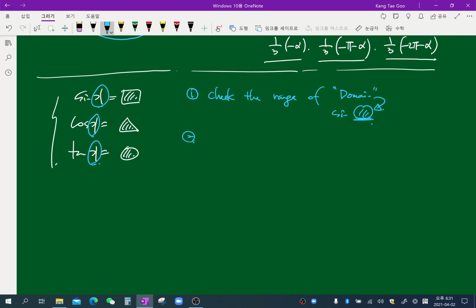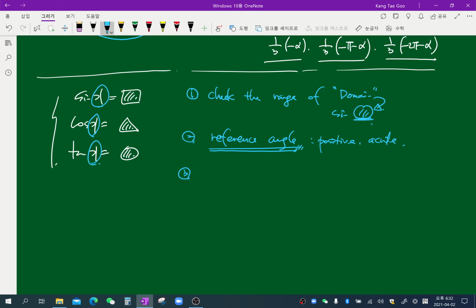Second, we can calculate the reference angle. Today I didn't use the calculator, but you can calculate the reference angle by your calculator, and then convert that into decimal. From the beginning, that is also possible. Anyway, you should calculate the reference angle, which is a positive value, right? Then acute angle.